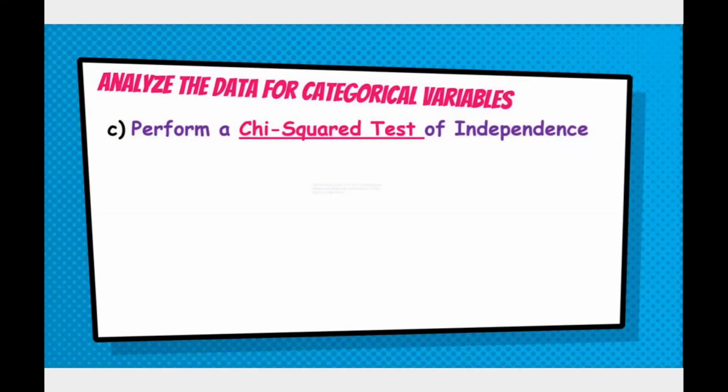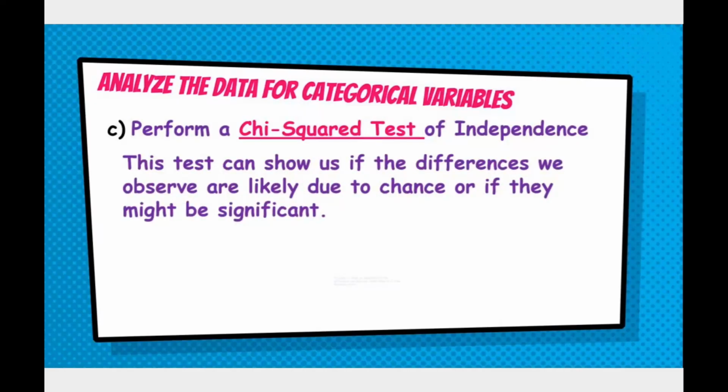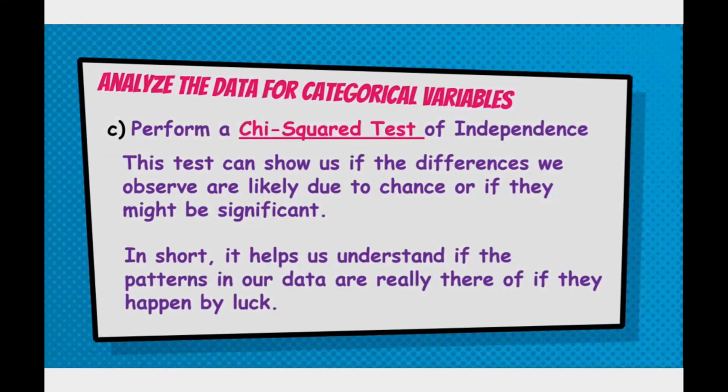So we're going to perform a chi-square test of independence. This test is going to show us if the differences we observe are likely due to chance or if they might be more significant. In short, it helps us understand if the patterns in our data are really there or if they happen by luck.